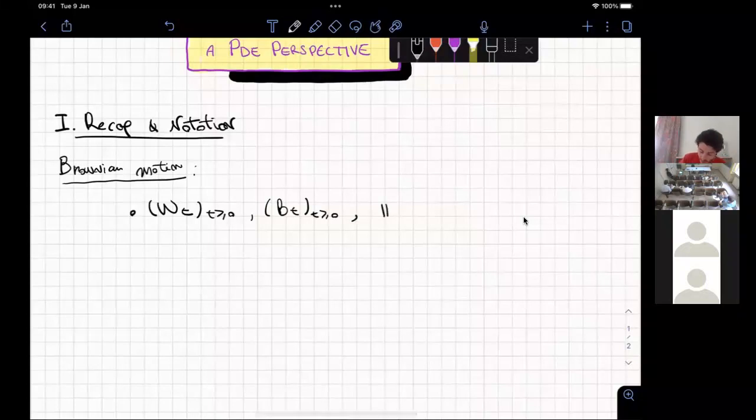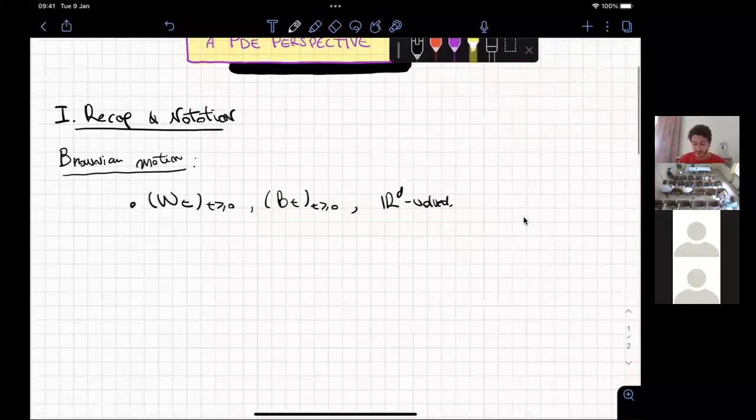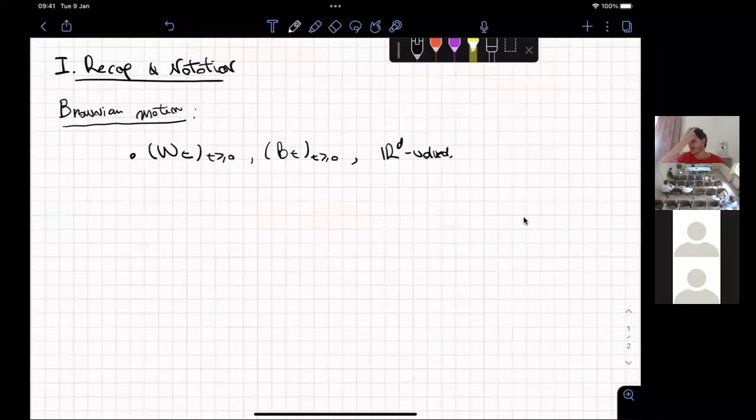These are R^d-valued, so for each t, this belongs to R^d. A way to imagine this is just a sequence of random variables indexed by time, or a random trajectory in time.